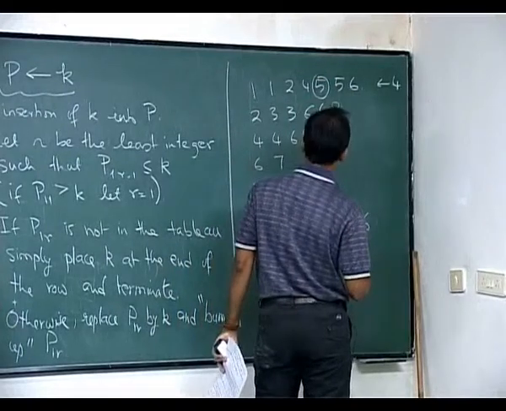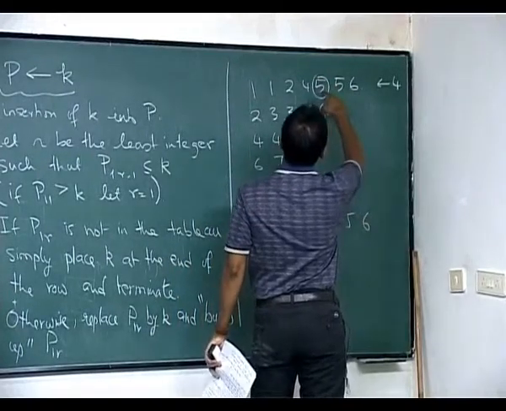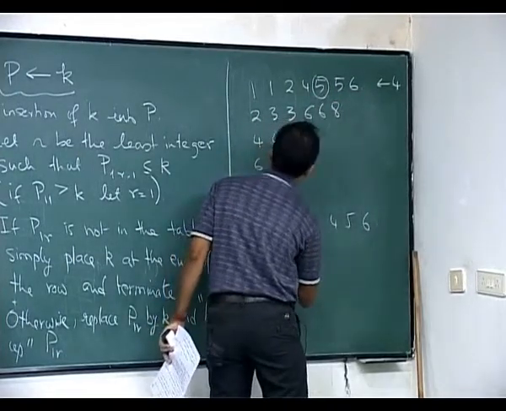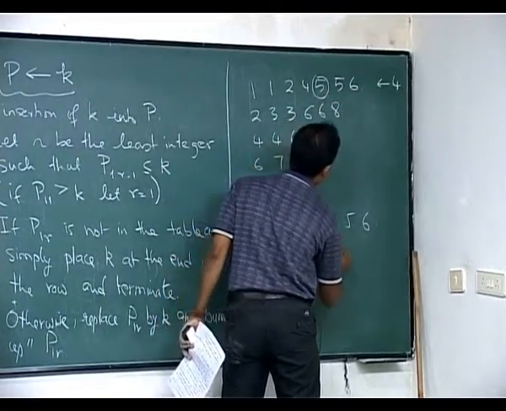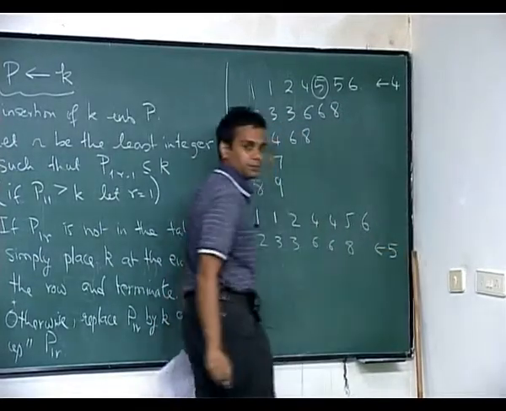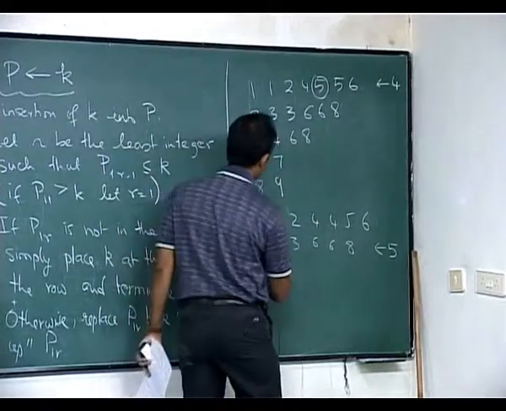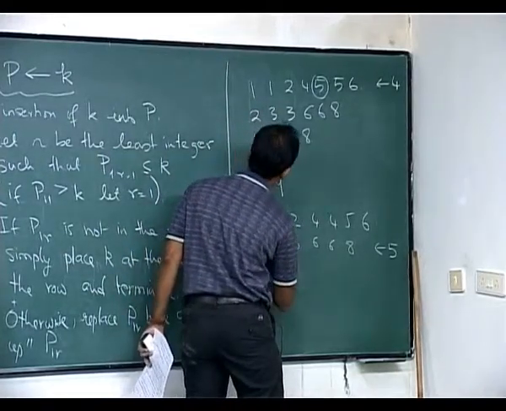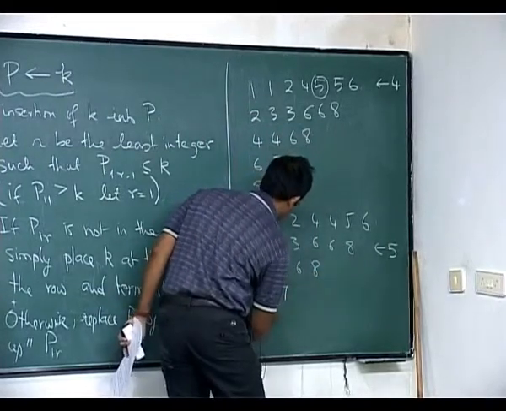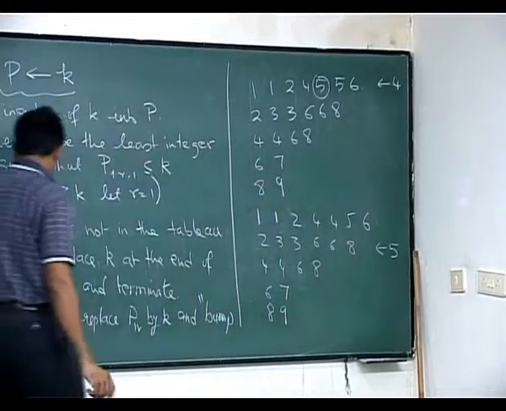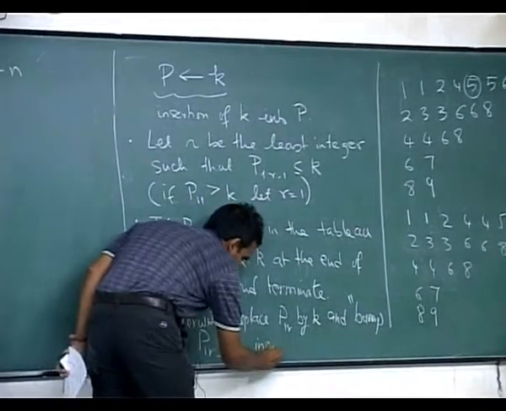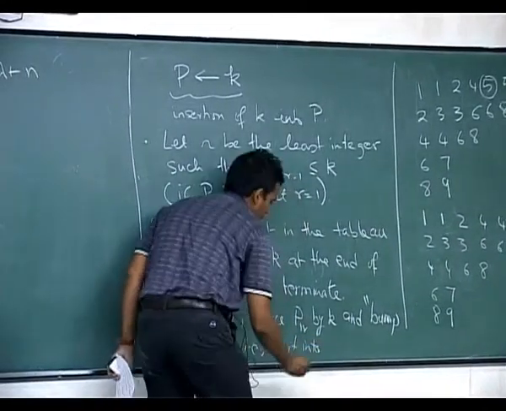I've replaced this 5 by a 4, and this 5 gets bumped up, which means that I'll try to insert the 5 into the second row, that is, insert into the next row.